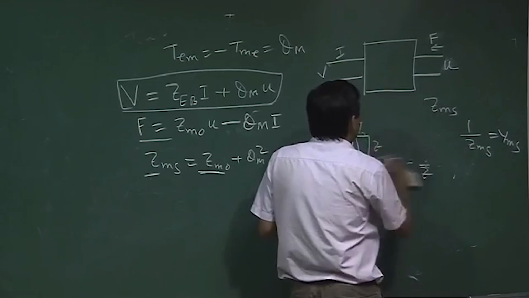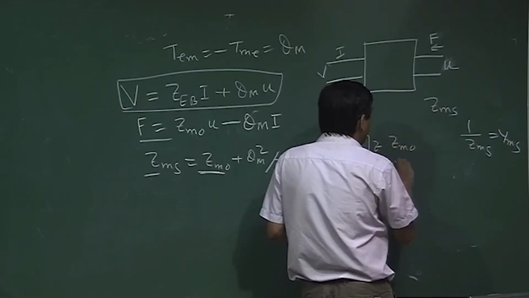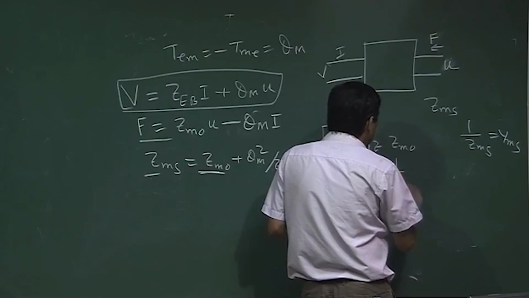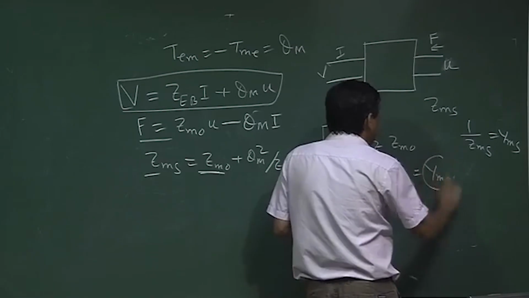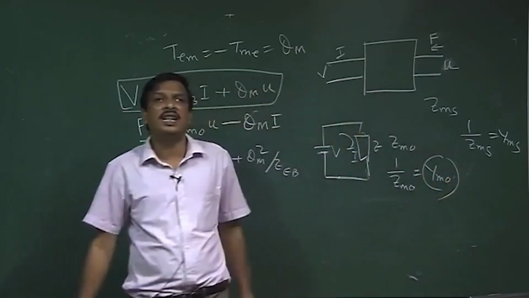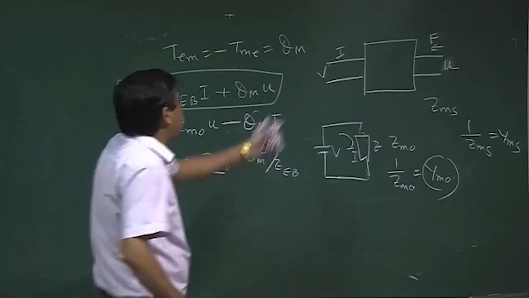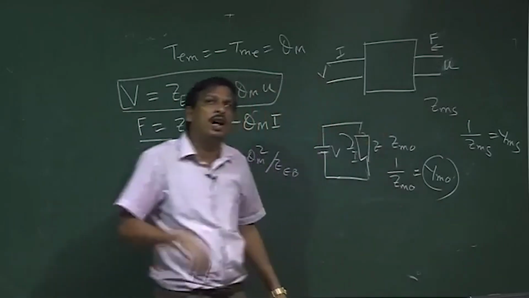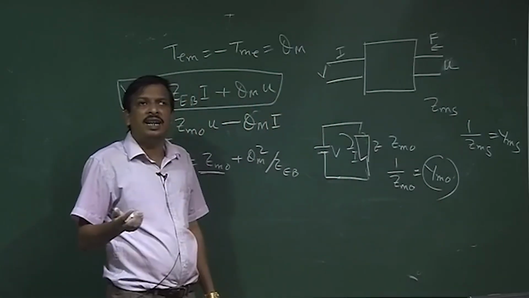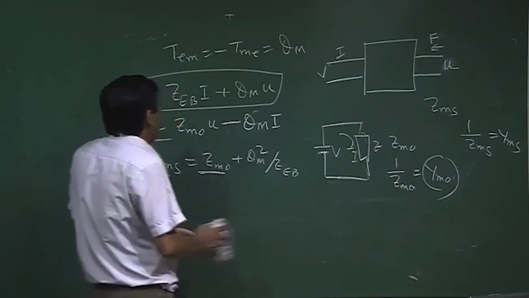Similarly, 1 by ZMO is equal to YMO, which is the open circuit mechanical admittance, and I change the notation F to U and U to F. Now, it will come in mechanical admittance. So, what will be the equation?